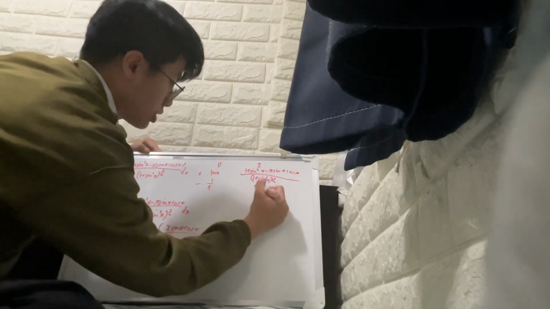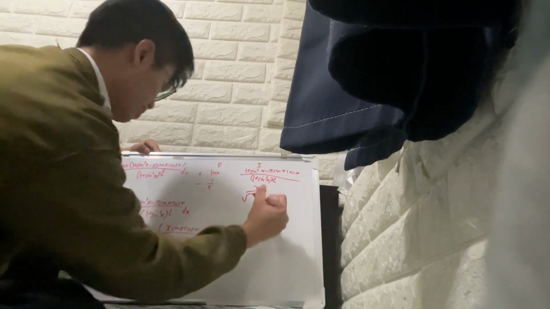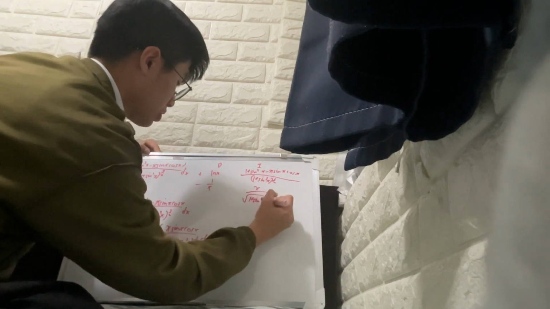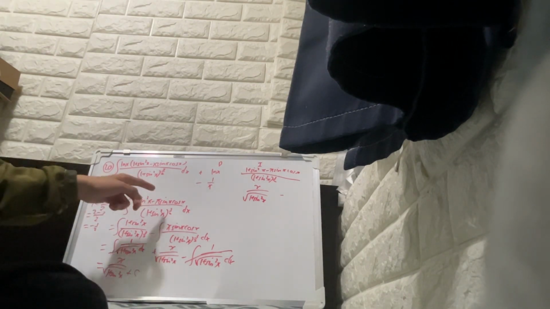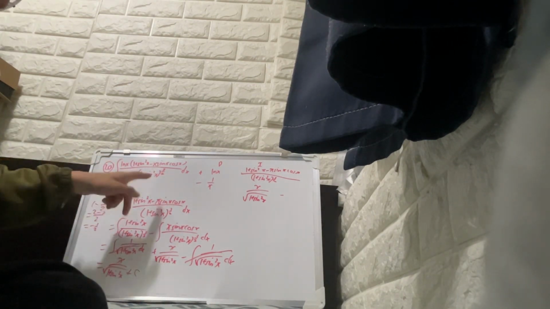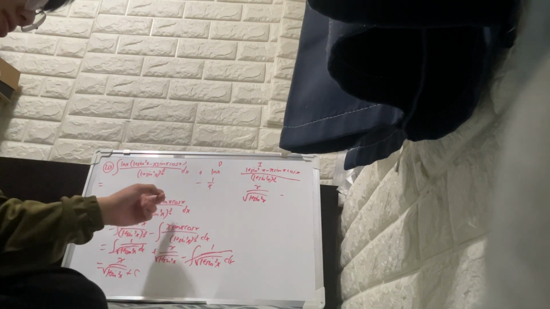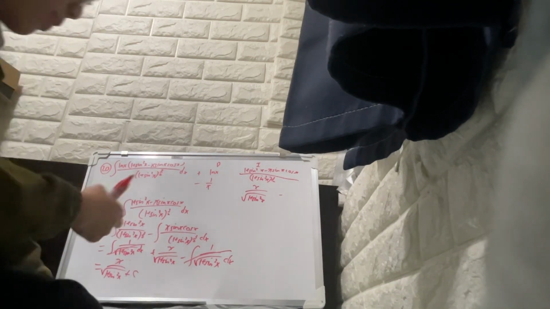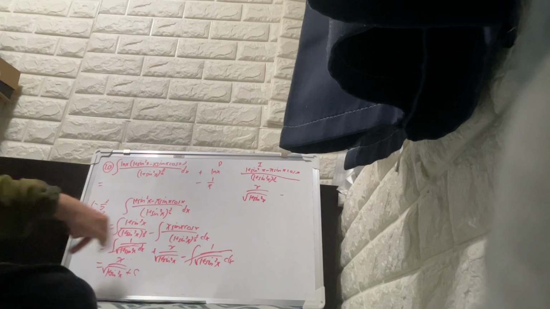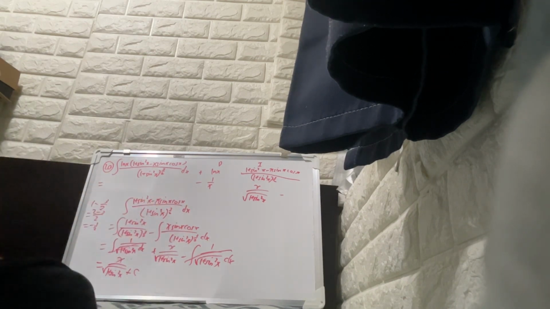And the result of this integral is just x over square root of 1 plus sin squared x. If you are a teacher, you can put this question in your final exam, and it will be very cool. You see the cancellation of this integral.